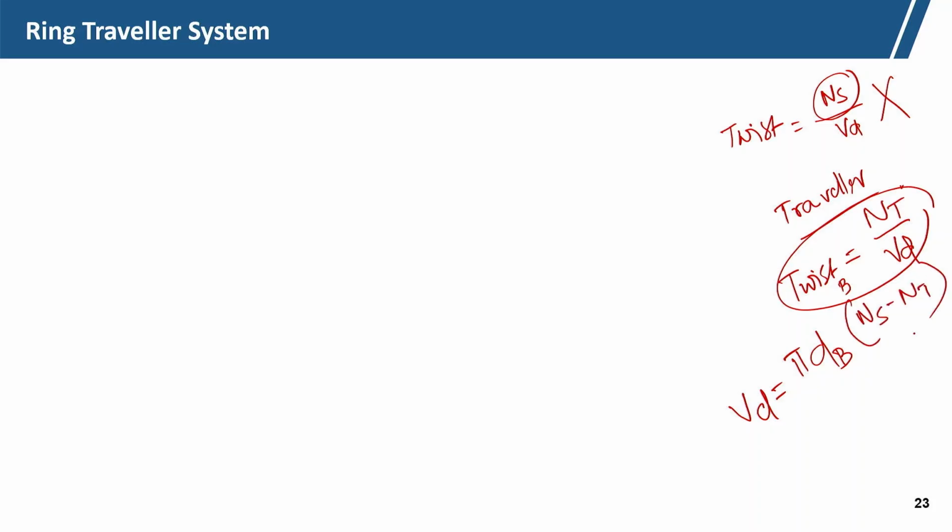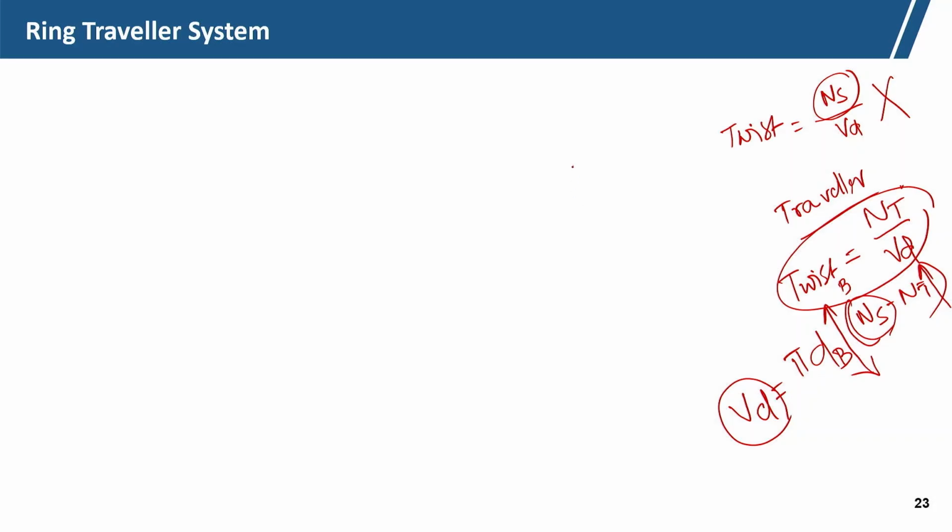This is the relationship that we all know. Now, here delivery speed in ring spinning is constant, spindle speed is constant. With the increase or decrease in bobbin diameter, the traveler speed, traveler RPM, changes.